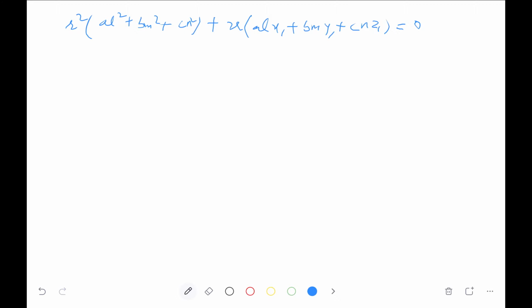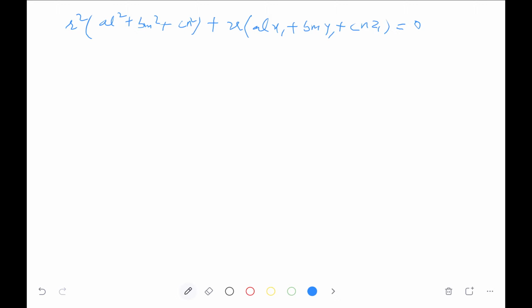So instead of 2 points, the line should intersect the conicoid in one point. One value of r is 0 because we can take r common. So this is (al square plus bm square plus cn square) r plus 2 (alx1 plus bmy1 plus cnz1) is equal to 0. So now one value of r is 0.